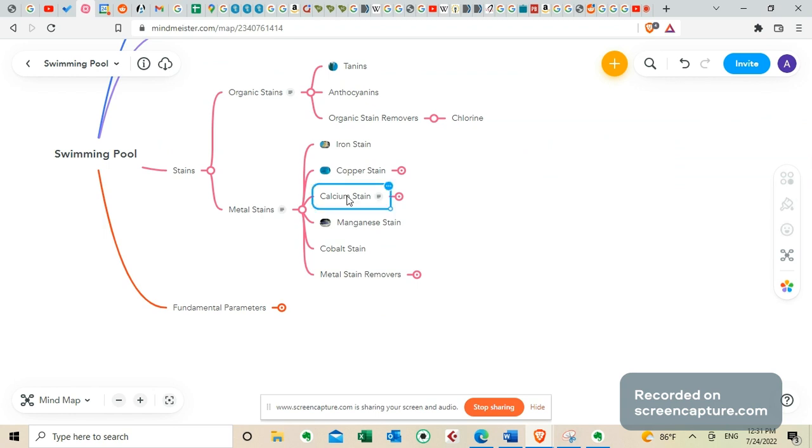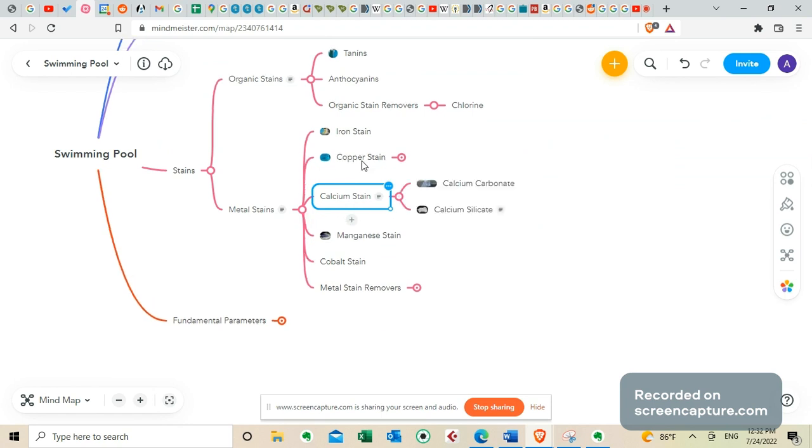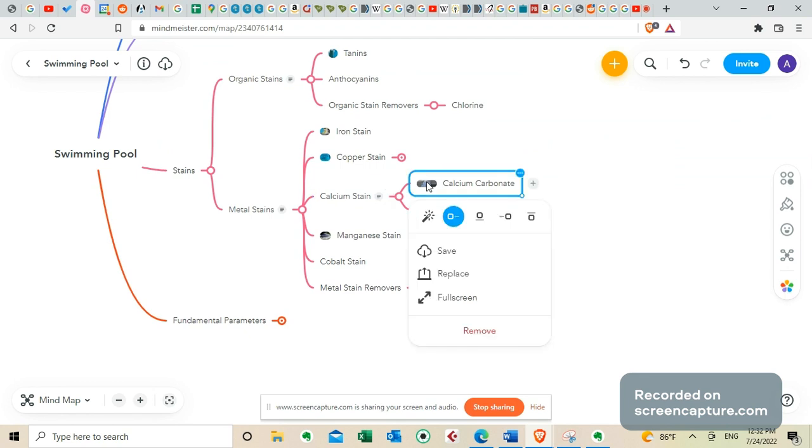Then calcium stain. There's actually two kinds of calcium stain. So we said iron is brown, copper's black, calcium's white. Anytime you see something white, you're dealing with calcium, which is just another type of metal. I think it's an alkali metal over on the left side of the periodic table.